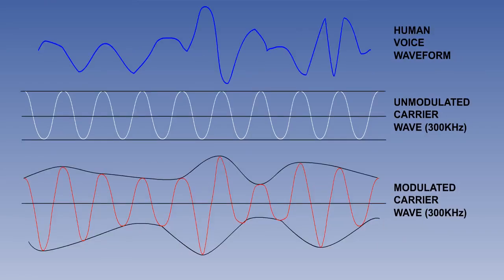The human voice, however, varies in both amplitude, that is volume, and frequency, that is pitch, and so the modulating waveform is complex, and its effect on the carrier wave is shown here. Where the voice communication is in the HF band, the signal is designated J3E. If the signal is in the VHF band, it is designated A3E.